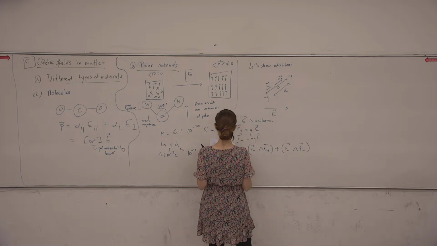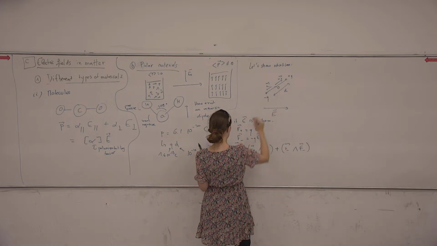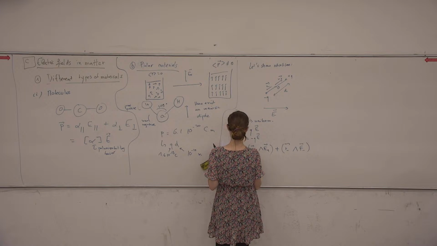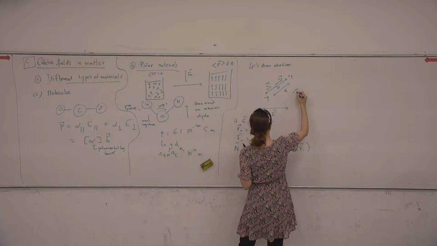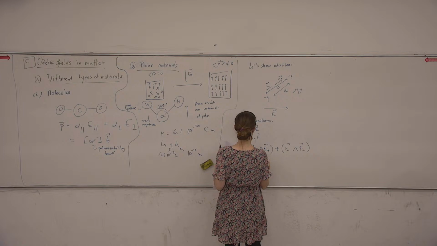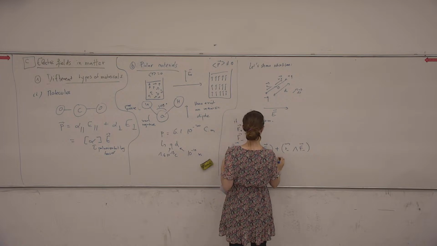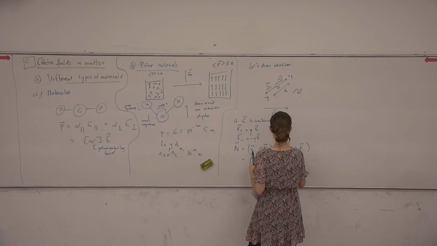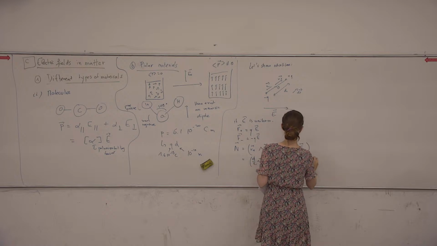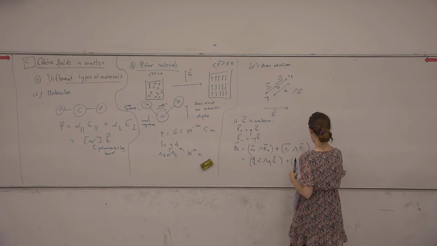So this is going to be D over 2 cross QE, plus minus D over 2 cross minus QE.